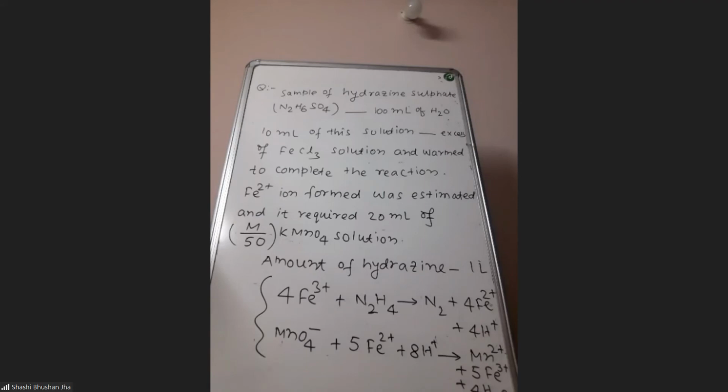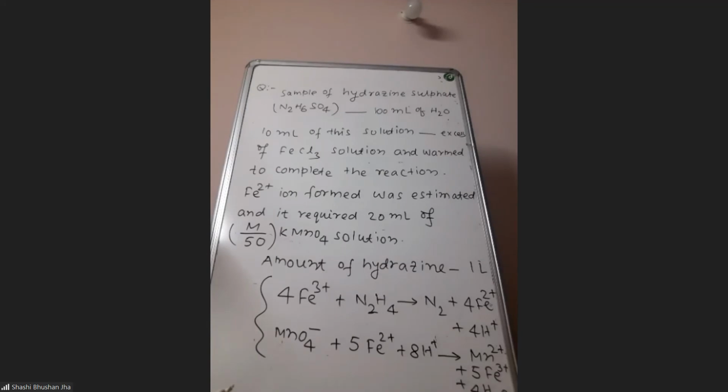Now, here you can easily say that the number of equivalents of ferrous ion will be equal to the number of equivalents of hydrogen. On the reactant side, there are two reactants only, one is ferric, the other is hydrogen.